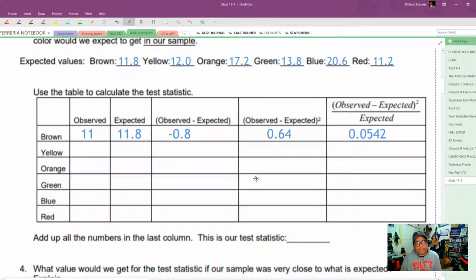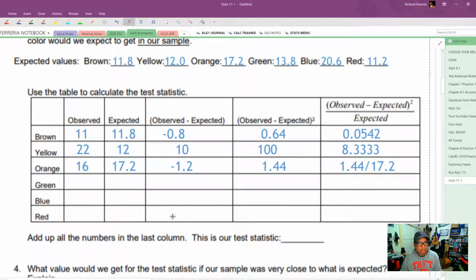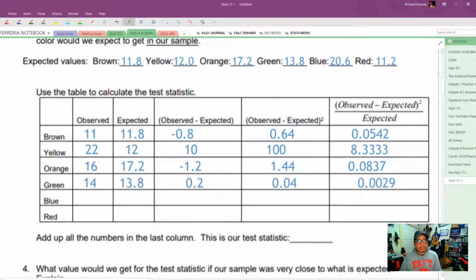Now this one we're going to keep at 4 decimal places. Let's do the same thing for yellow, and then we'll move on to orange, and then we'll just do the rest of these.